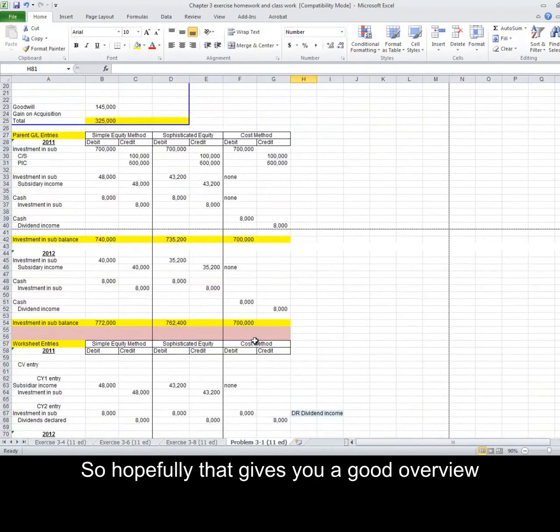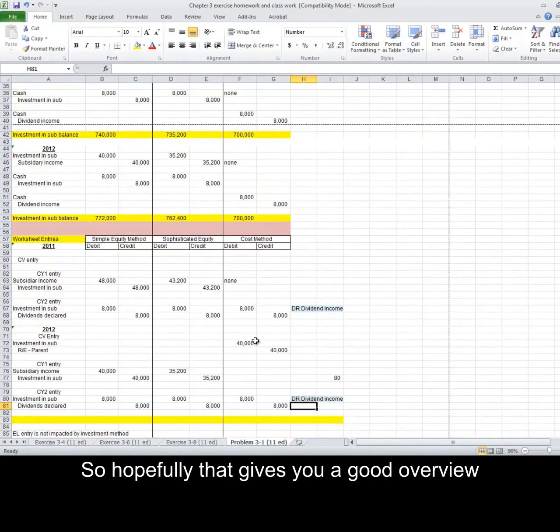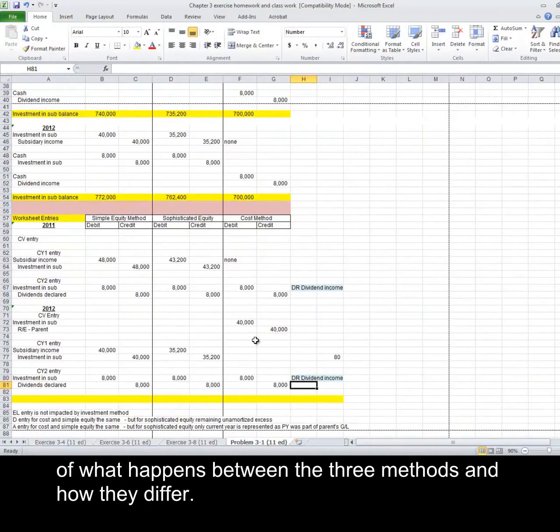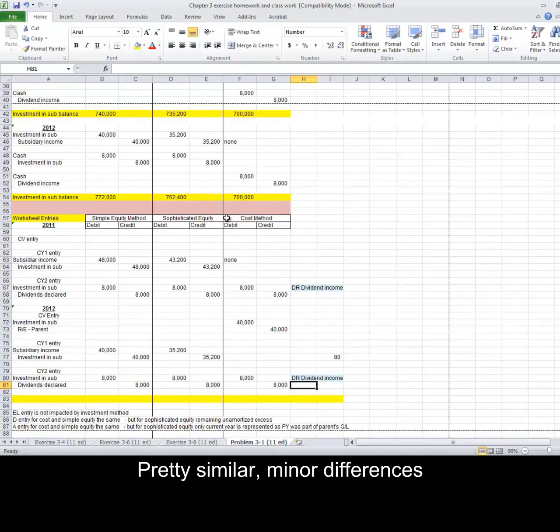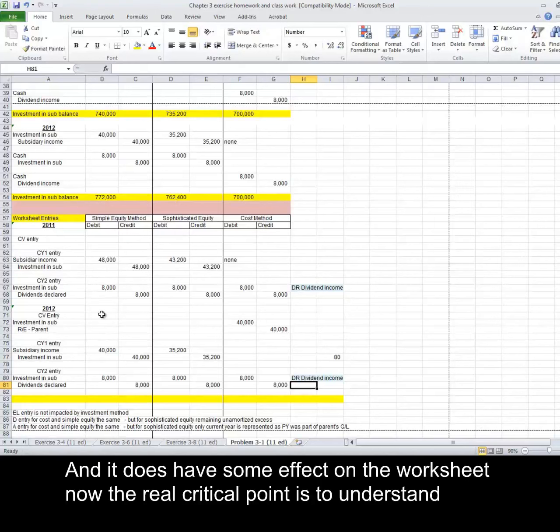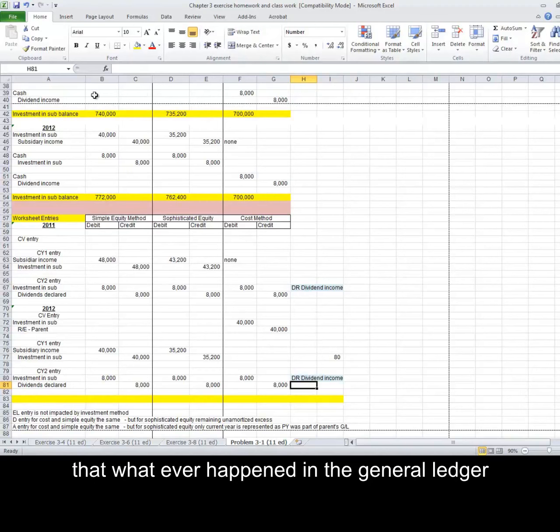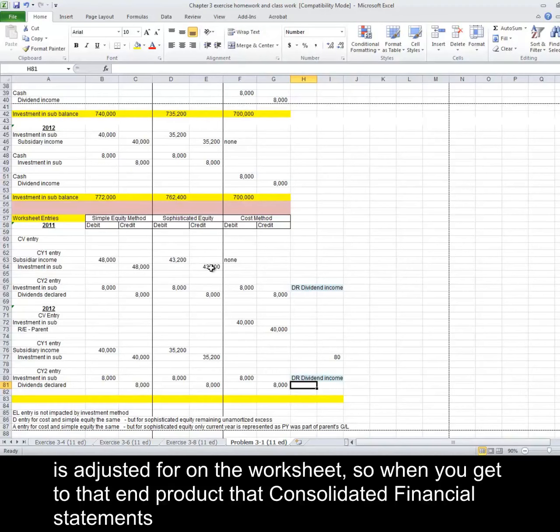So hopefully that gives you a good overview of what happens between the three methods and how they differ. Pretty similar, minor differences, and it does have some effect on the worksheet. Now the real critical point is to understand that whatever happened in the general ledger is adjusted for on the worksheet.